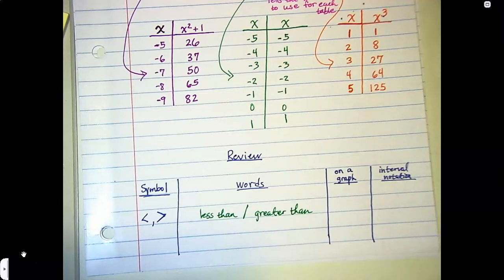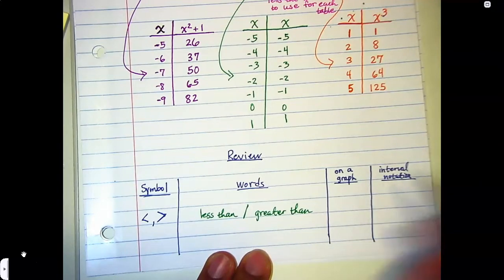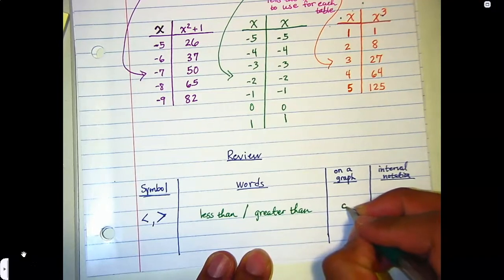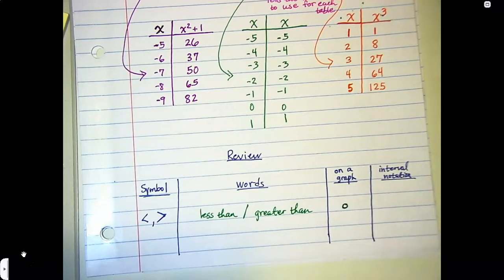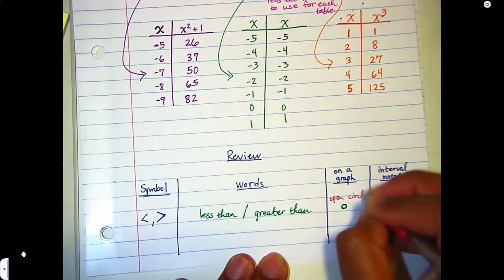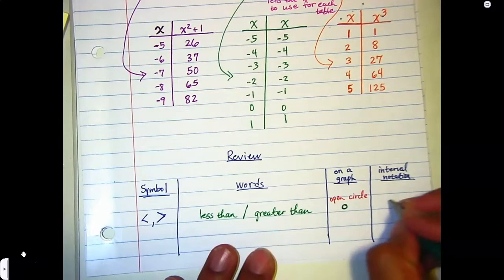Now, when it came to on the graph itself, we talked about domain and range, and all that great stuff when they had the brackets and parentheses. We had an open circle here on the graph. Not on a number line, but on a graph. But when it came to a number line, we actually had our parentheses.